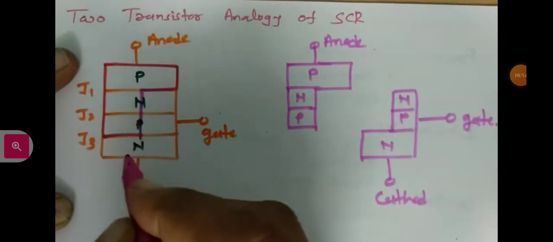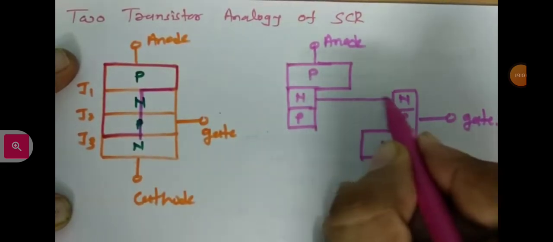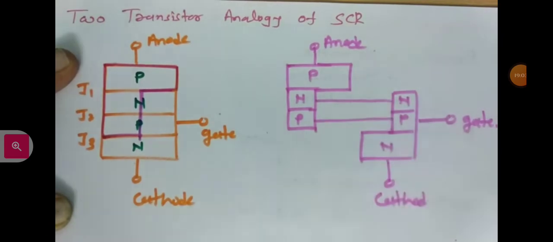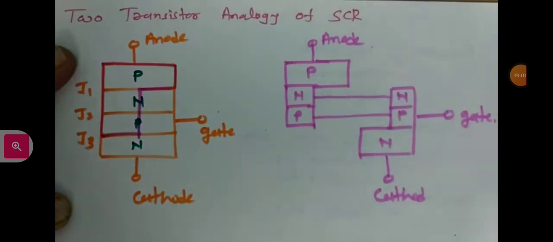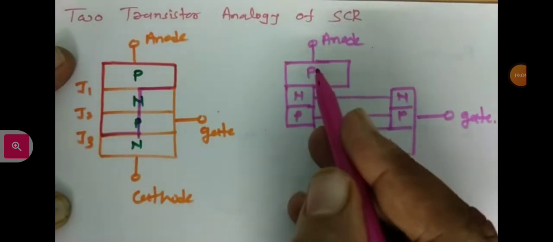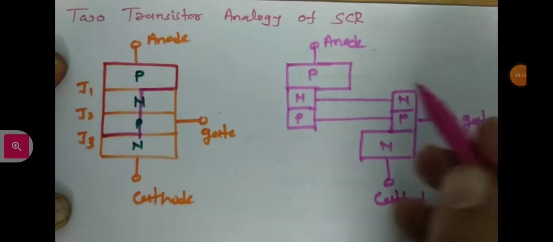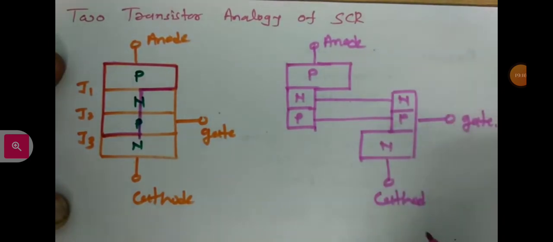Just to understand the analogy, this is connected like this. So that is how the two transistor analogy works, where this part functions like one PNP transistor, and this portion functions like an NPN transistor.